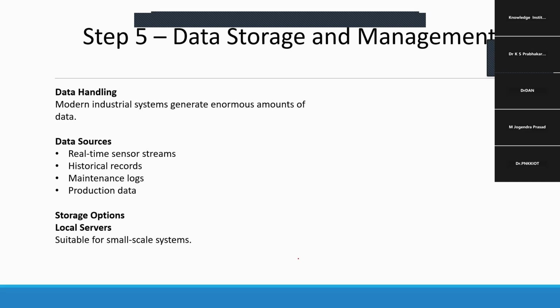For that we need data storage, which can be provided by local servers, cloud platforms, or hybrid architectures. Cloud computing has become very important because it offers scalable storage and powerful computation resources. Okay, so this is the fifth step.